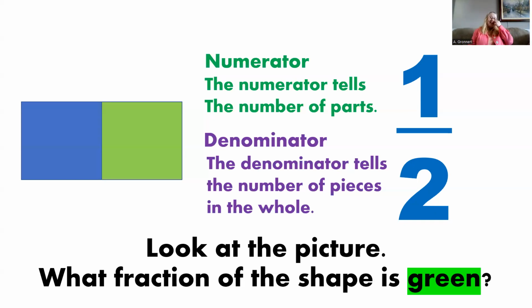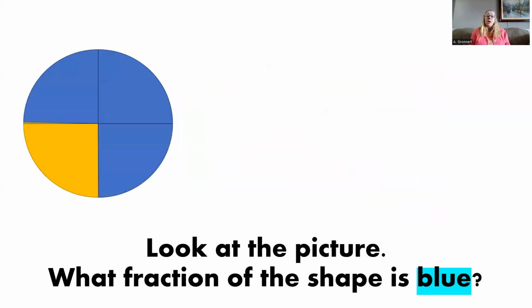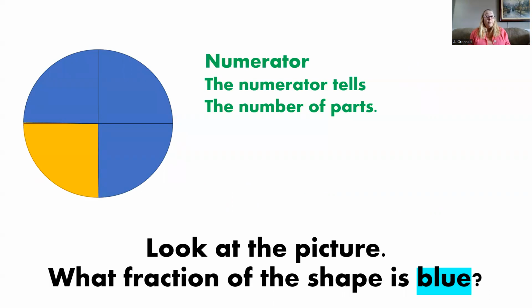Great work. Let's try another one. Look at this picture. What fraction of the circle is blue? Okay, so first think about the numerator. How many of the parts are blue? Remember, it tells the number of parts.